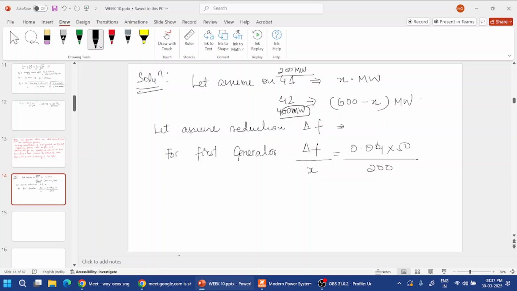Okay, this is, I think, quite clear. So from here, del F upon X will be 1 by 100. I think I have written the right thing. The calculation is correct. Let's say this is equation 1.